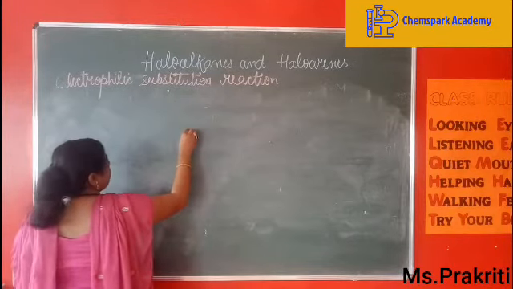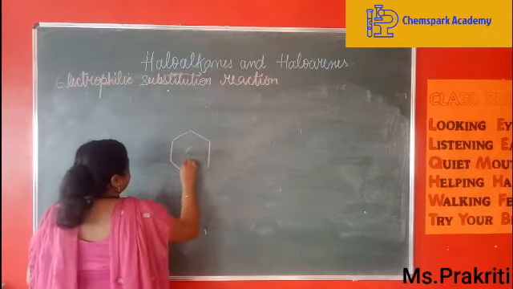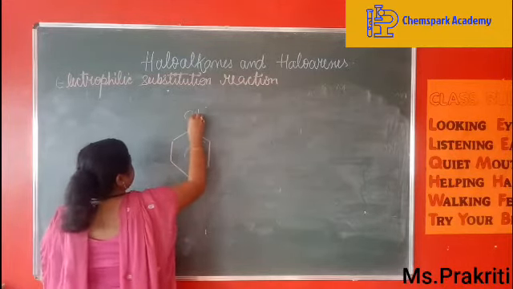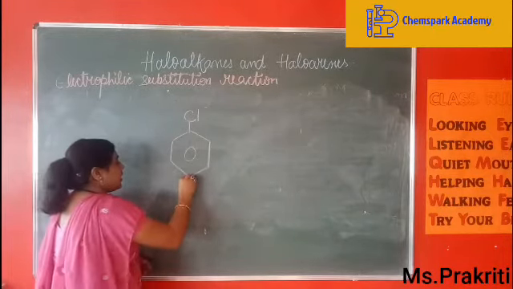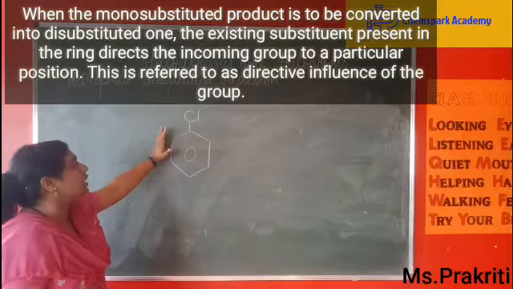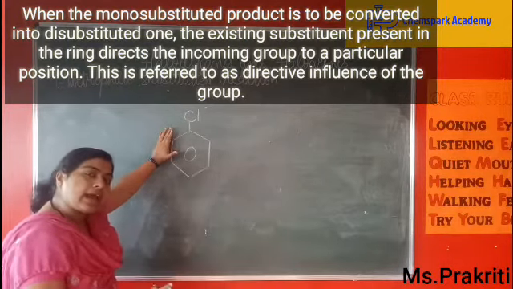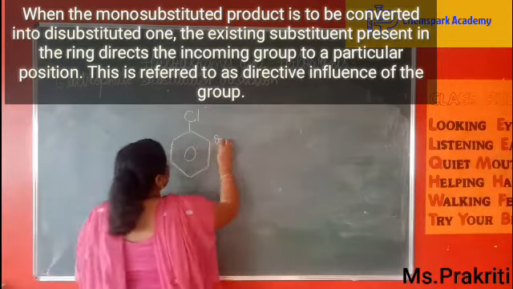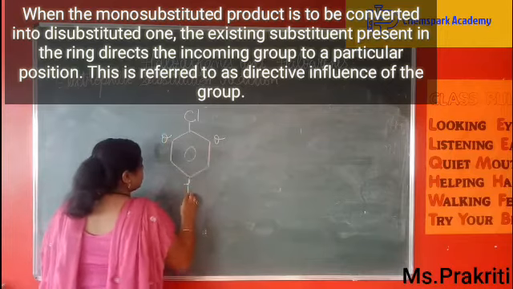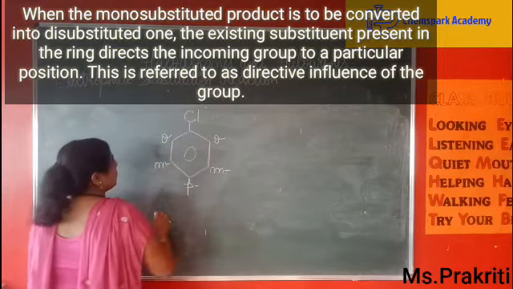Suppose if I have a chlorobenzene, we have seen that whenever there is a group attached to the benzene ring, it is either ortho-directing, para-directing or meta-directing in nature. We know that these are the ortho position, this is the para, and these are the meta position.